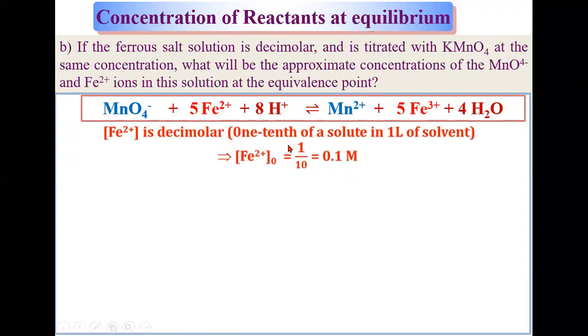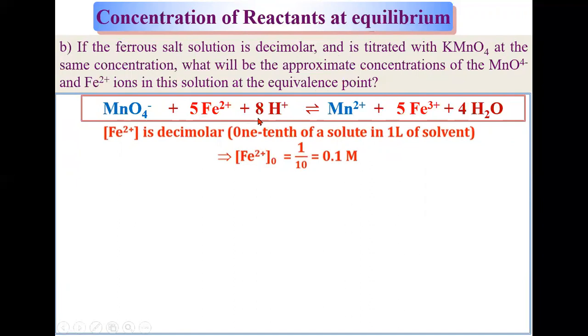And this decimolar amount of iron is titrated with potassium permanganate at the same concentration. What will be the approximate concentration of the leftover or unreacted MnO4 minus and Fe2 plus species at equivalence?